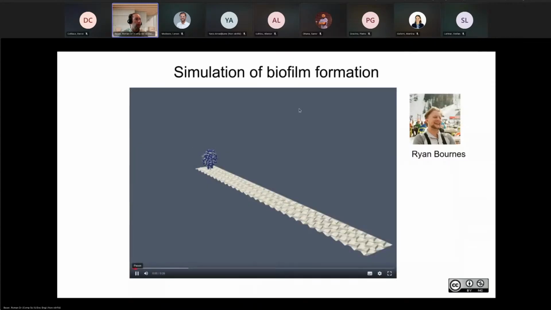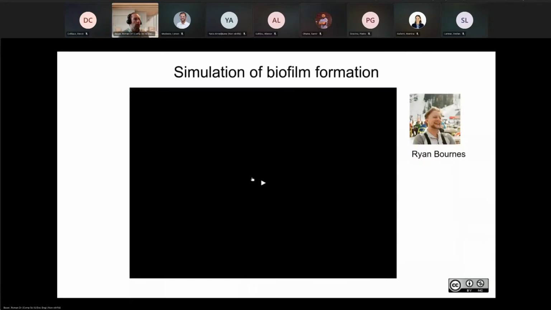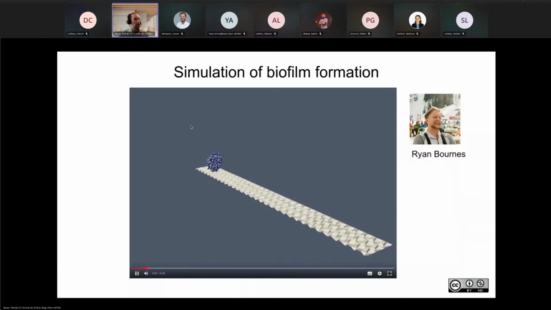One topic that Ryan has been looking into is the attachment of biofilms to the substrate, and how this depends on the form and shape of the substrate surface. Here you can see how those biofilms in simulation attach while there is a flow dragging them across this surface.